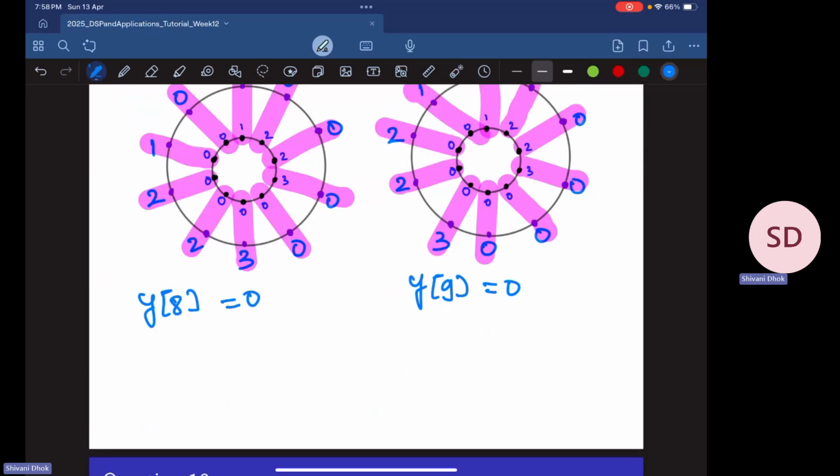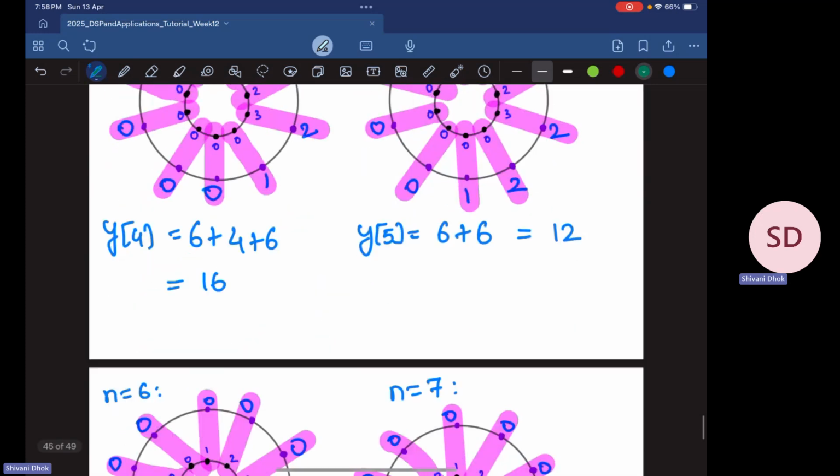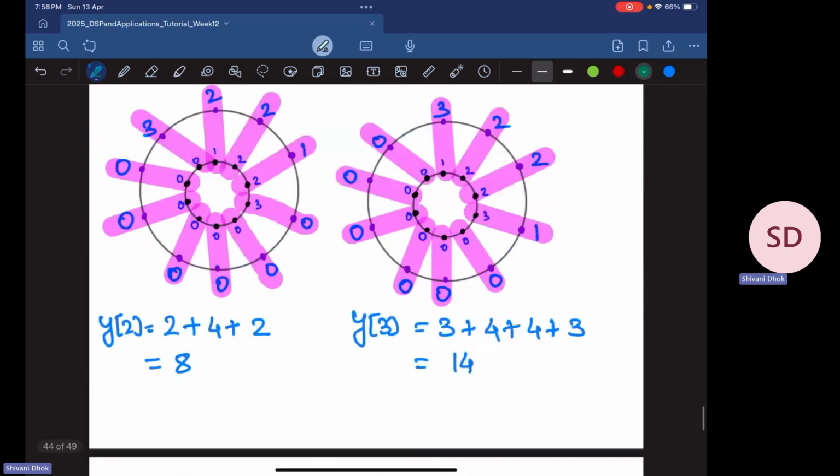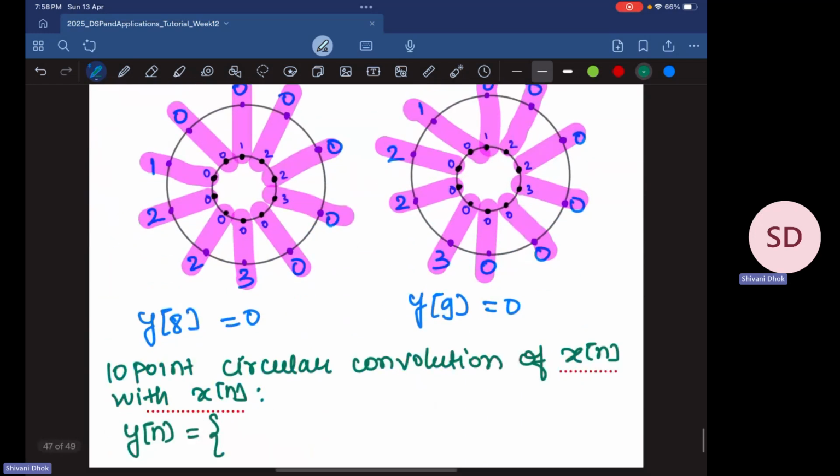So finally what we get: the 10-point circular convolution of x of n with x of n is given by y of n equal to 1, 4, 8, 14, 16, 12, 9 and 0, 0, 0, 0.